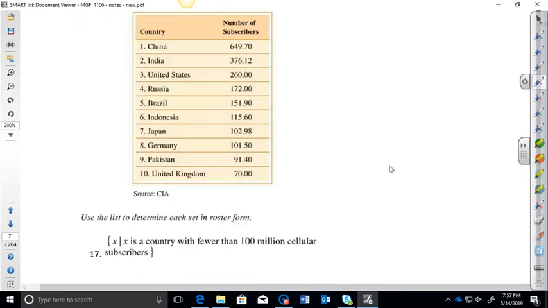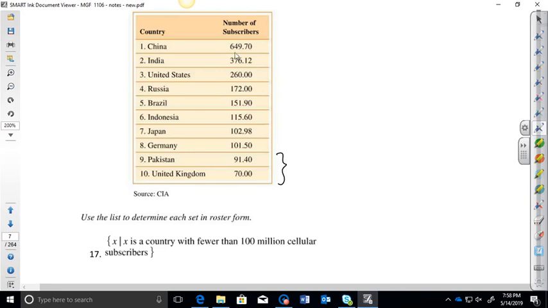Now we have another table. Use this table to answer these questions. Set of all x such that x is a country with fewer than 100 million cellular subscribers. 100 million, less than. So, the last two, right?